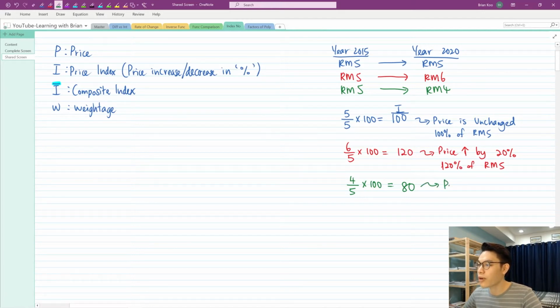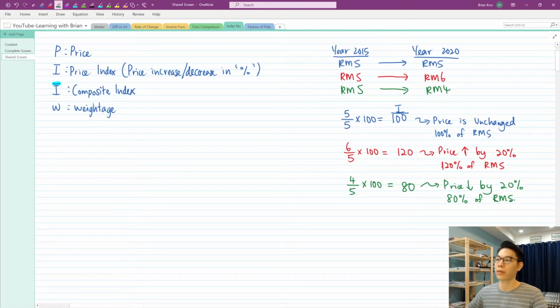It means that the price has reduced or decreased by 20%. From the original 100, you drop by 20, meaning reduced by 20%. Or you can also say that this is 80% of the original RM5.